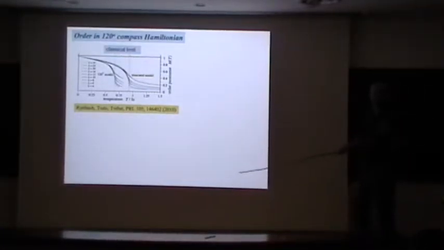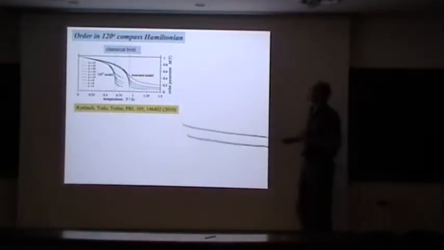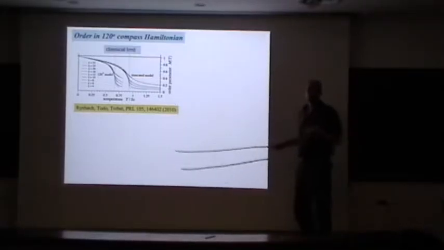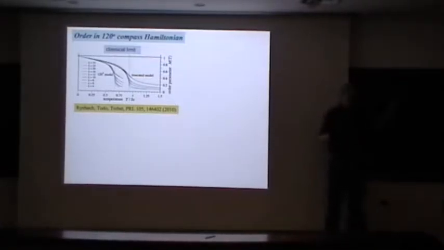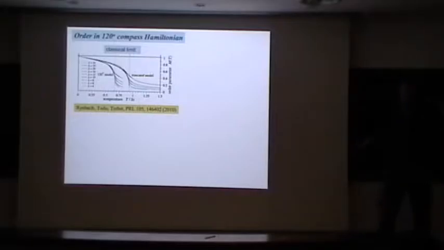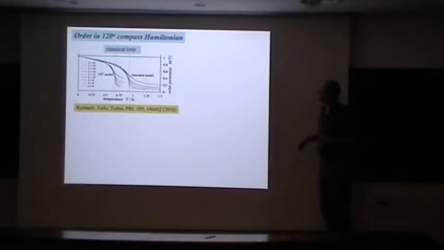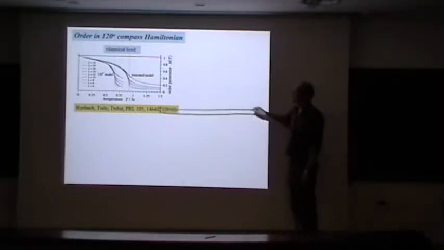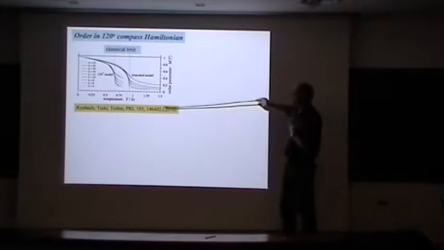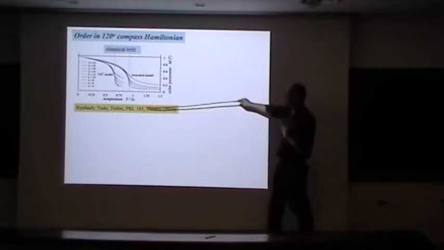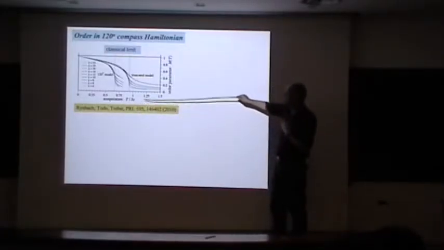That's the next thing. But let me show one picture with the 120-degree compass model. If there's a proof, there is an ordering temperature, an ordered state at finite temperature. And the question is, at what temperature does the phase transition take place? This is a Monte Carlo calculation from the group of Simon Trebst.